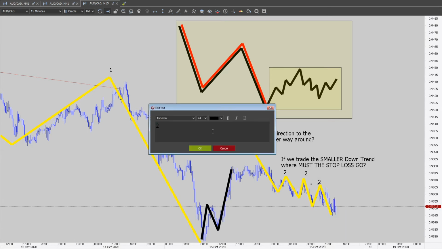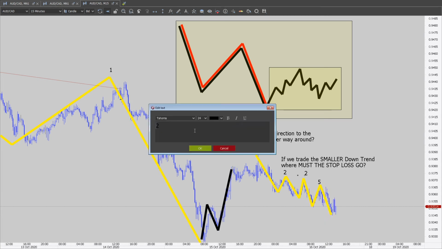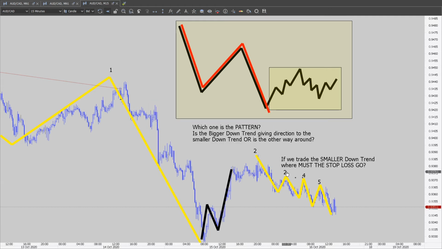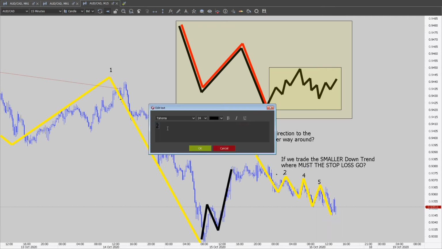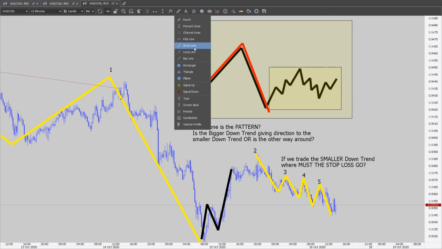SL would say, okay, stop loss goes on the fifth. This is the fourth. This is the third. Edit label 1, 2, 3. There you go. Anybody else? SL says number 5. This is the stop loss.